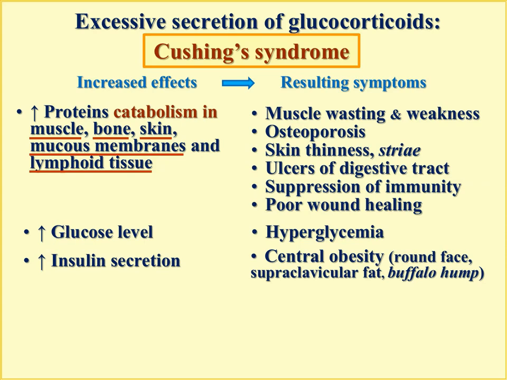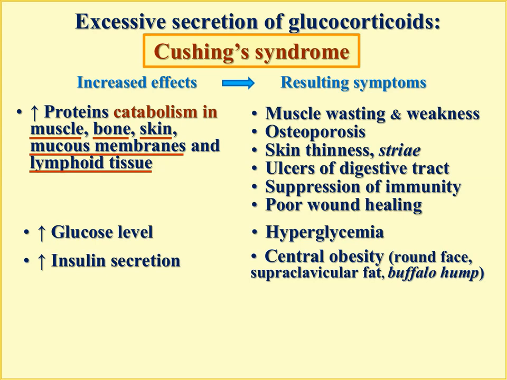Still, a very logical explanation is not found yet why only the upper part of the trunk and face and neck area have maximal fat deposition, but the symptoms are clear. Round face, which is called moon face, the symptom's official name.